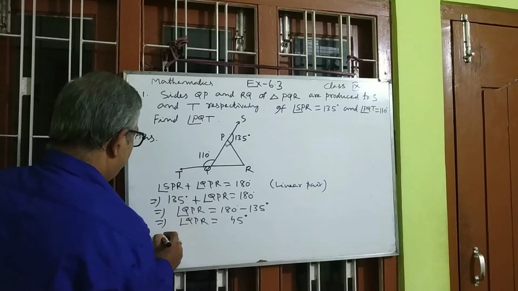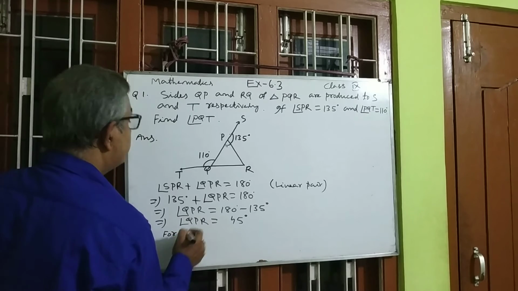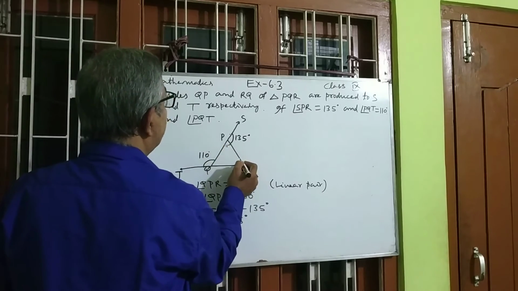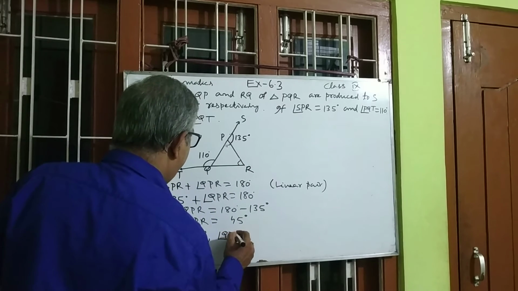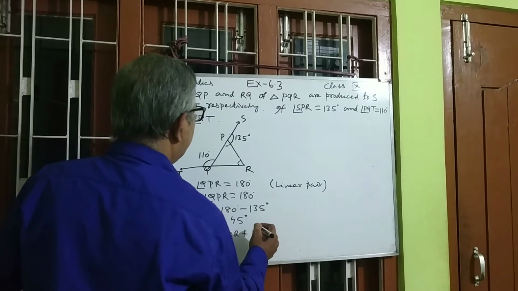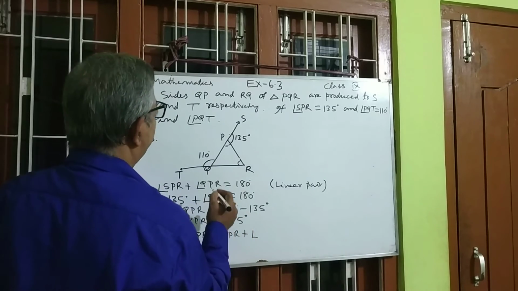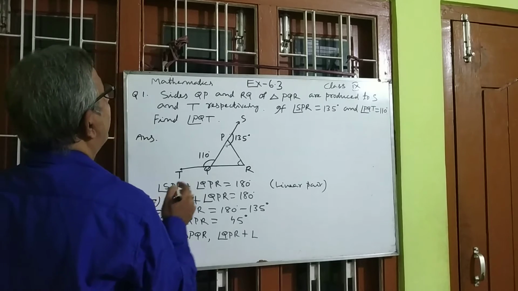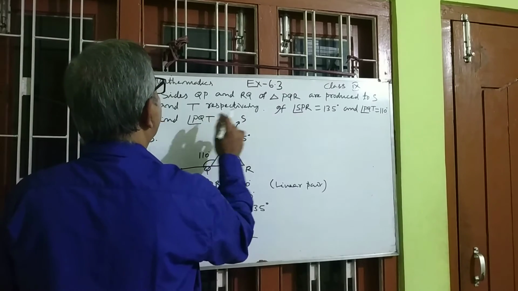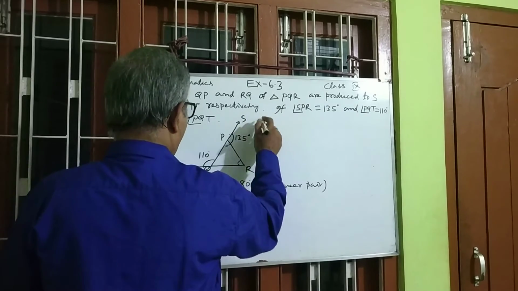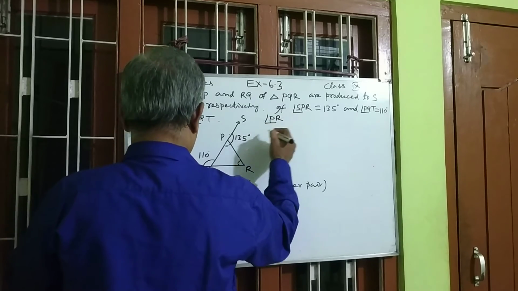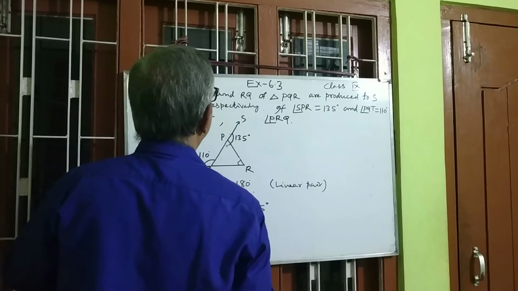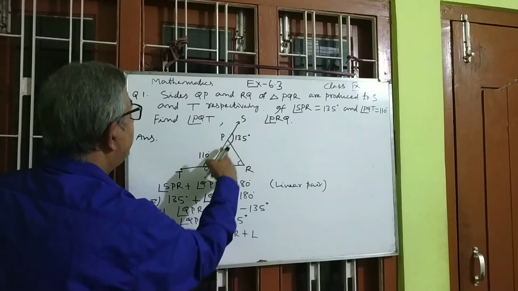Now you take triangle PQR. Here in this question only PQT is written, but sometimes one more angle, PRQ, may also be asked. Now in triangle PQR, what happens?